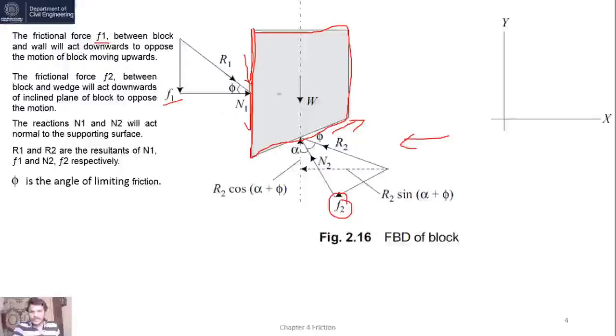So this is N1 and this is N2, acting normal to the supporting surface. R1 and R2 are the resultants: R1 is the resultant of N1 and F1, a common force replacing these two forces. Similarly, R2 replaces F2 and N2. Here phi is the angle of limiting friction. This is the free body diagram of the block.